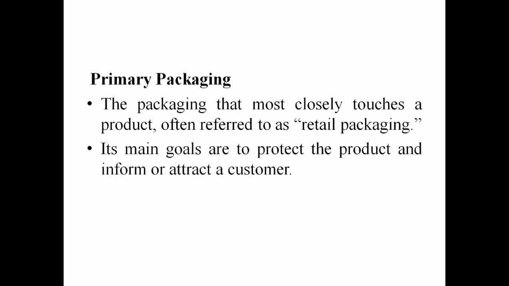Moreover, its objectives are to protect a product and attract the customer to purchase it. So there will be colorful packages in the case of primary packaging, and the product packages will attract the customers while purchasing that particular product.